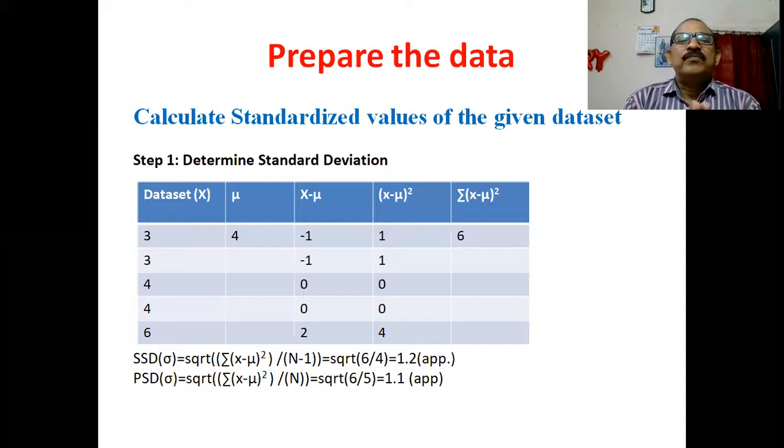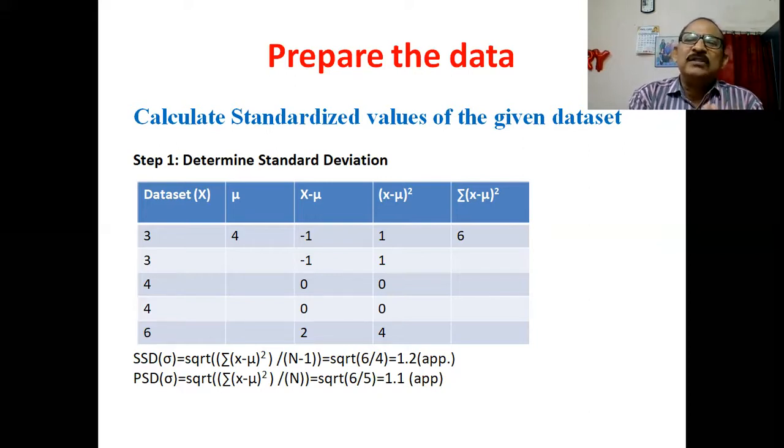Let us see how we will calculate the standardized values of a given data set. First step, we compute the standard deviation. Here you can see in the first column the values of a feature.